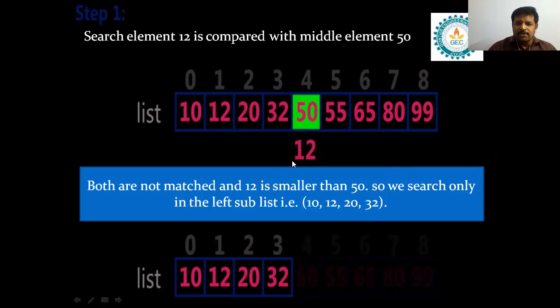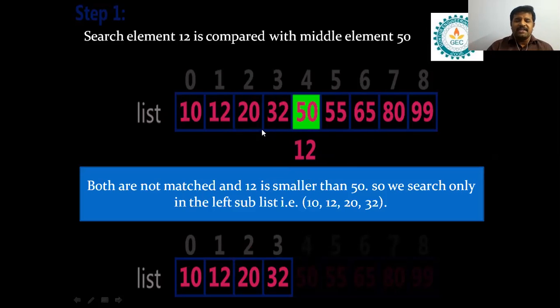Definitely 12 should be searched among the left sublist only, because all the elements in the right sublist, that is after the middle value, are greater than 12, so 12 will not be found in the right sublist. So we have to search in the left sublist only.